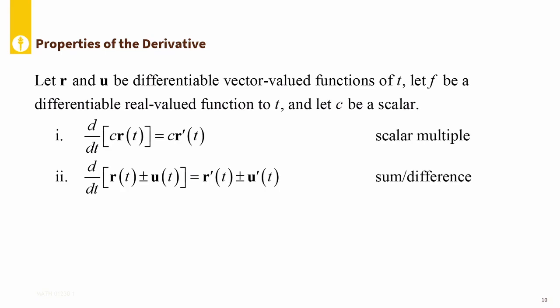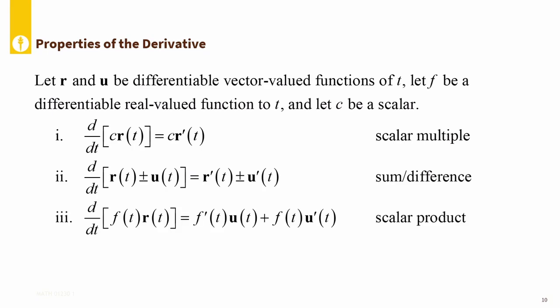Three. Three. What are they? Dot product, cross product, and multiplication with a scalar. That means we have three product rules for vectors. You have your scalar product rule.